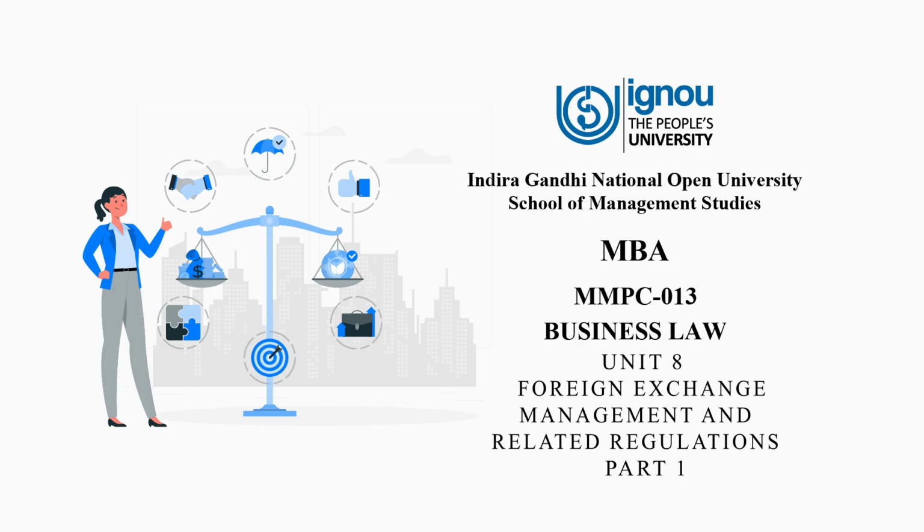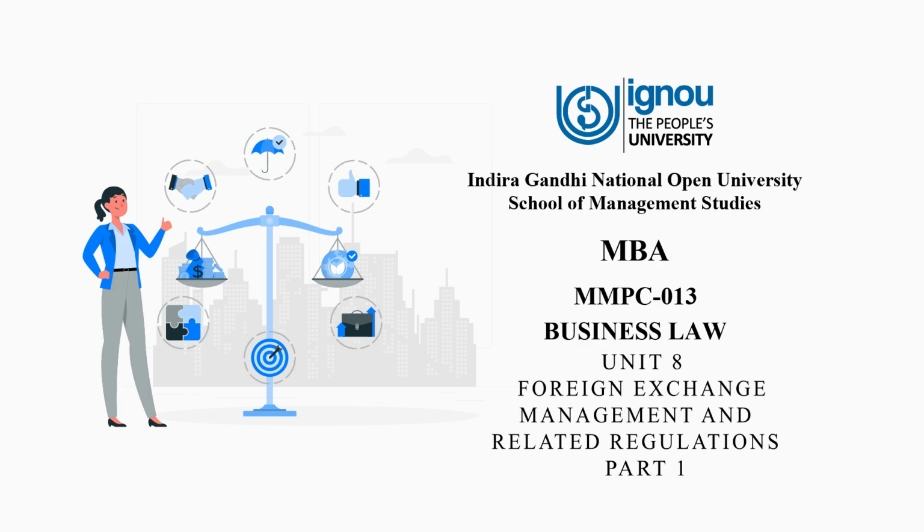Background of FEMA. The Defence of India Act 1939 was temporary yet the first legislative attempt to regulate and control the foreign exchange in India. With an aim to settle the foreign exchange crisis in the country, the Foreign Exchange Regulation Act was first enacted in 1947.